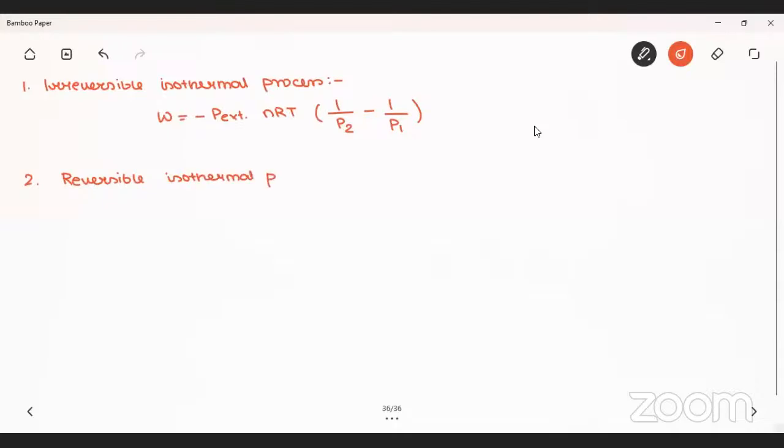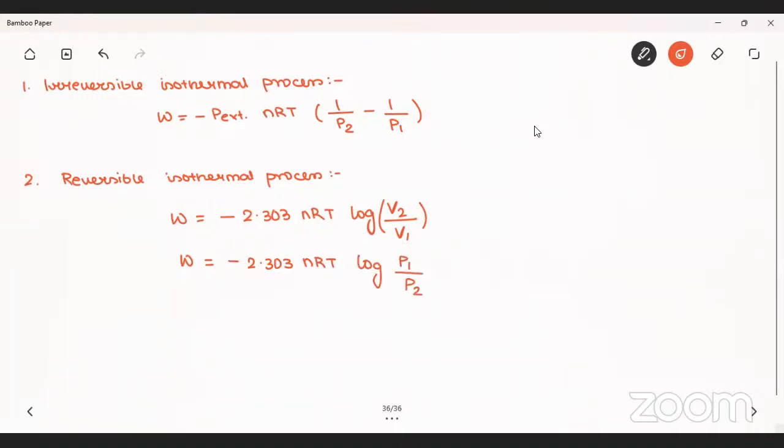Today's class will be long, okay? I need to do all these sums with you. W is equal to minus 2.303 nRT log of V2 by V1. Or there were two formulas, minus 2.303 nRT log of P1 by P2.